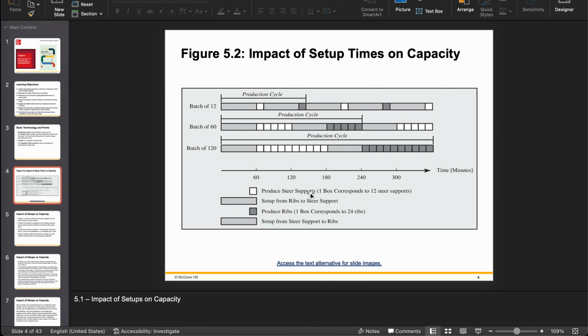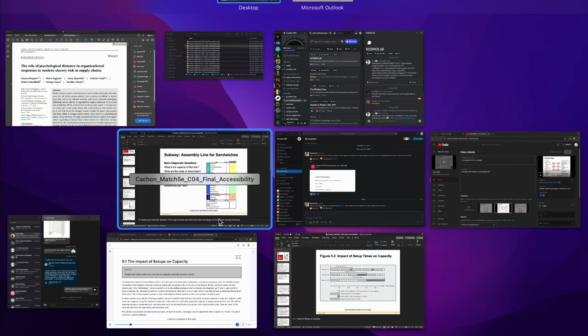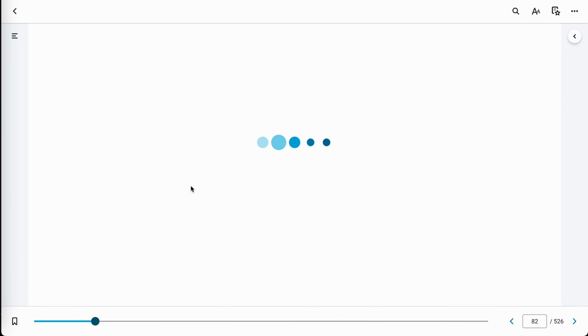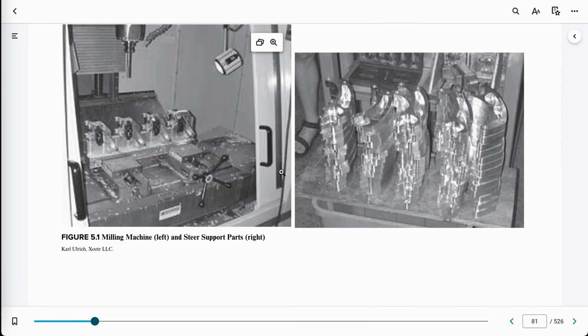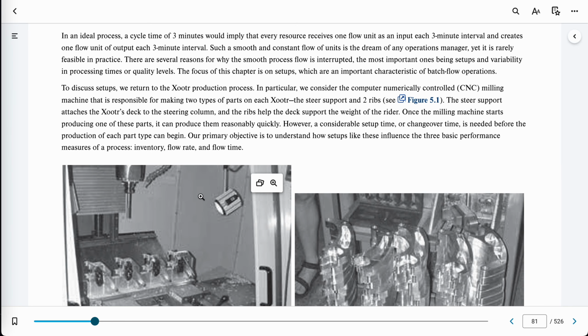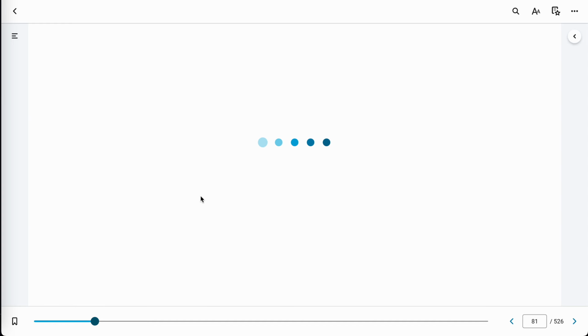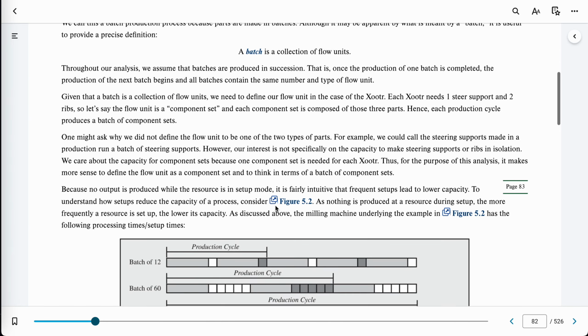Now both steer supports and ribs are produced using the same computer operated milling machine, which looks something like this. This is the same milling machine that is used to produce both the steer supports and the ribs, right?